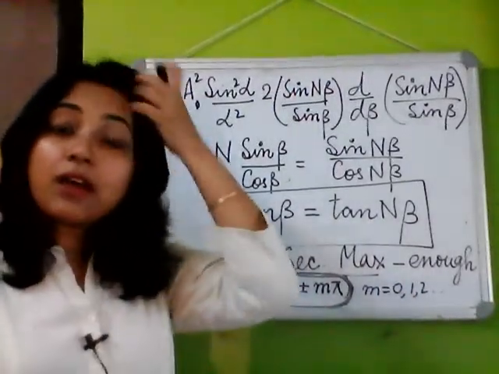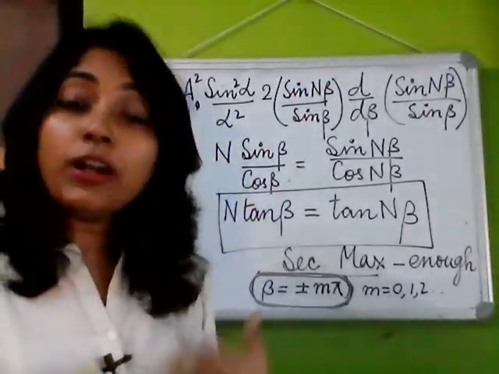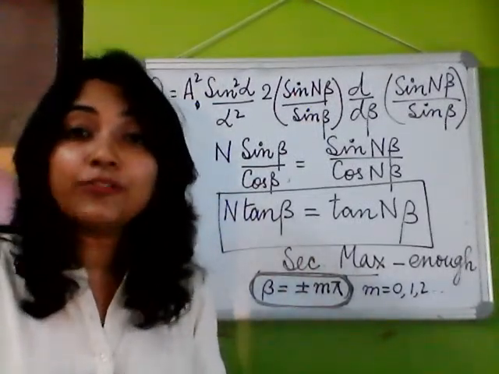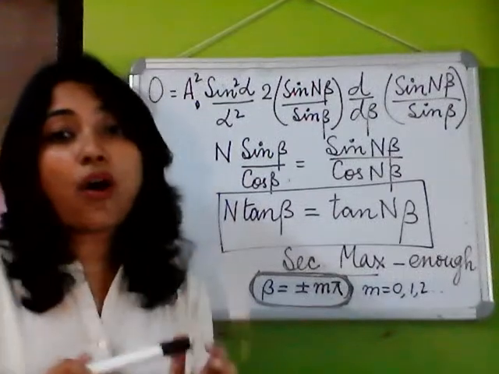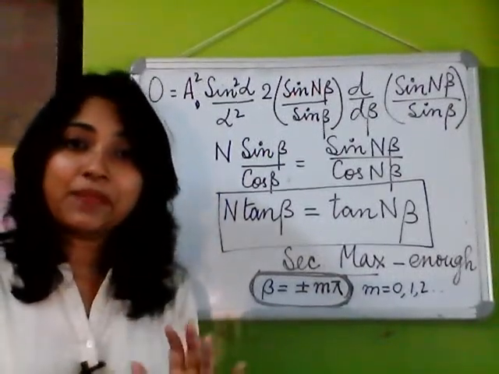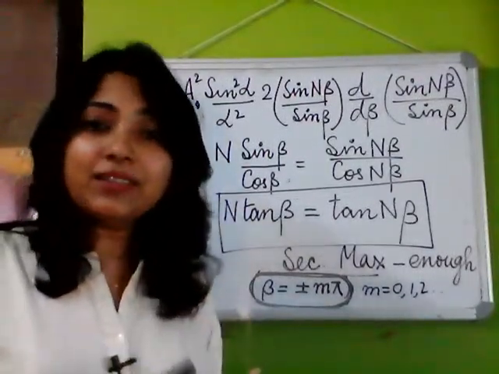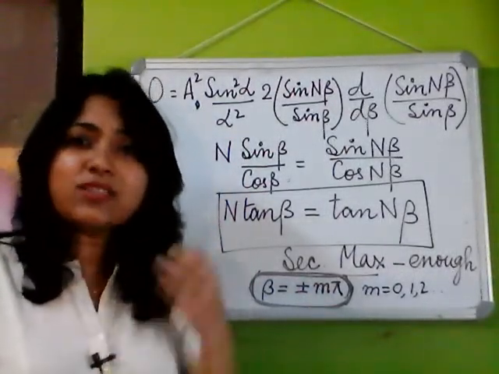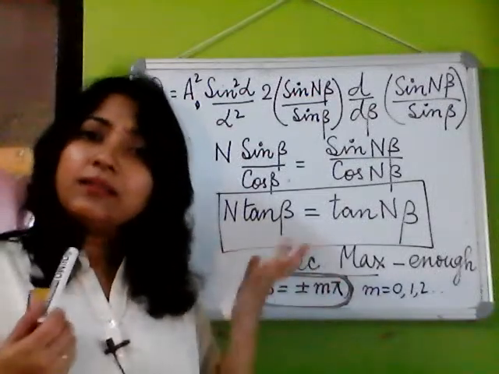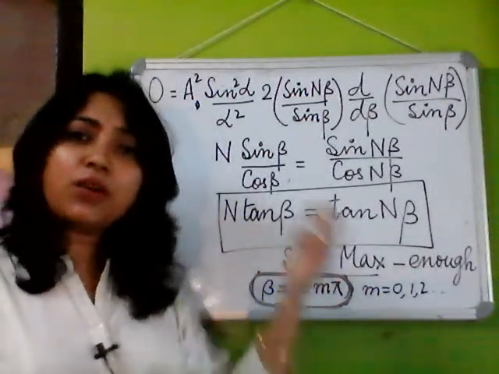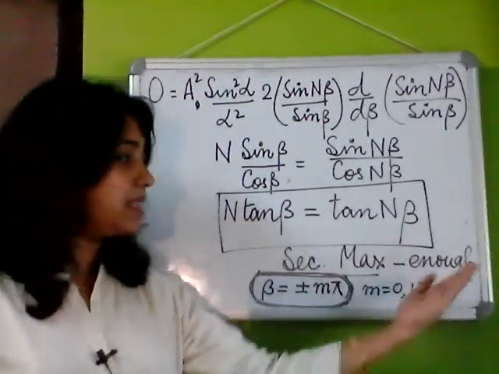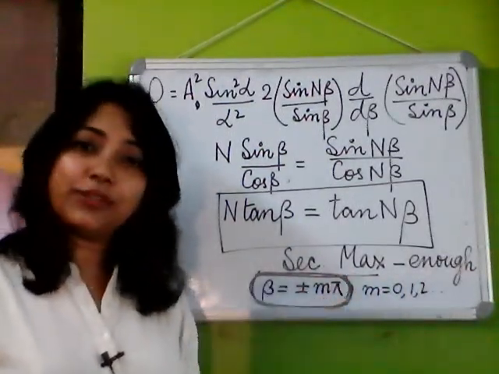And now what I will be showing you is the value of the intensity caused by a secondary maximum. And when you see the value of this, you will realize that the intensity of the secondary maximas is so insignificant that the secondary maxima condition also becomes not that important for us, and hence we are not doing later calculations.